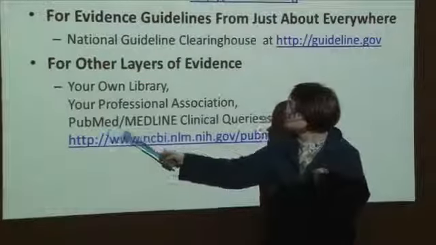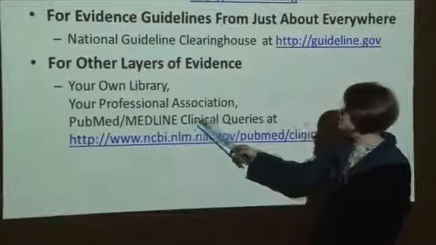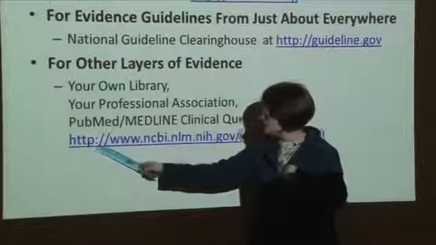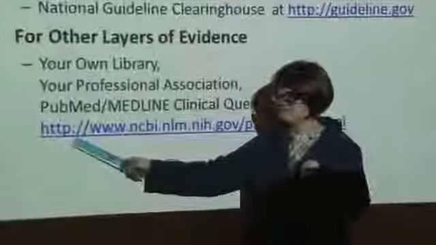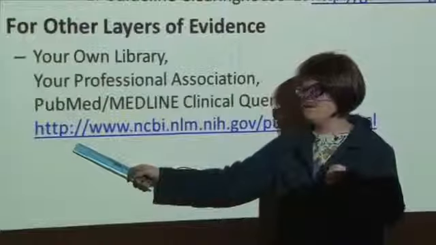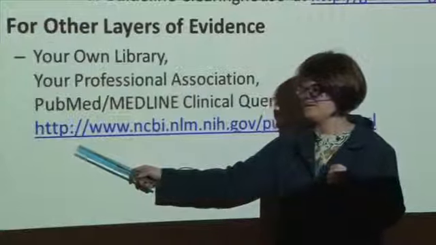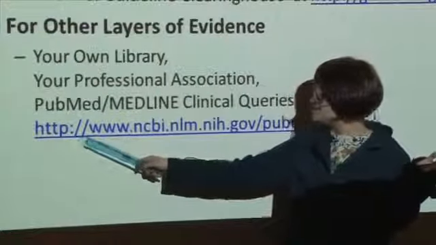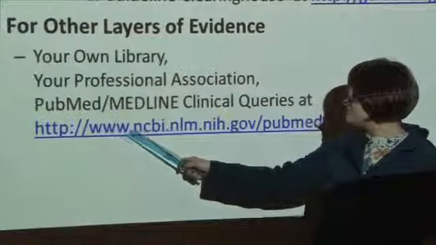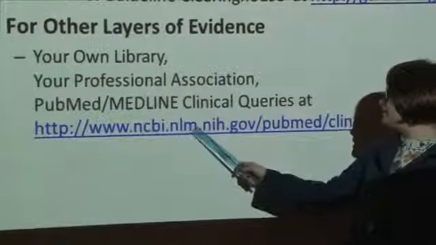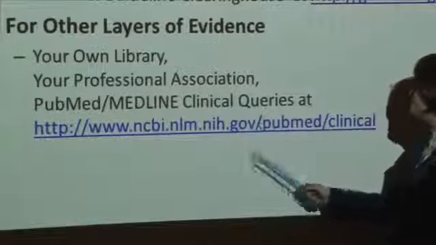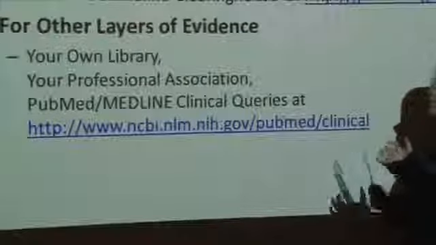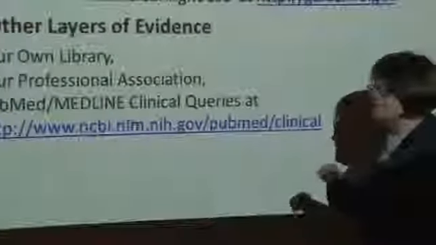You can go to the PubMed Medline interface for its clinical queries, and the URL is right long, so you could just go into a search engine and look up PubMed evidence-based or PubMed clinical queries, or just go to http://www.ncbi.nlm.nih.gov/PUBmed/CLINICAL. But again, you could just look it up.